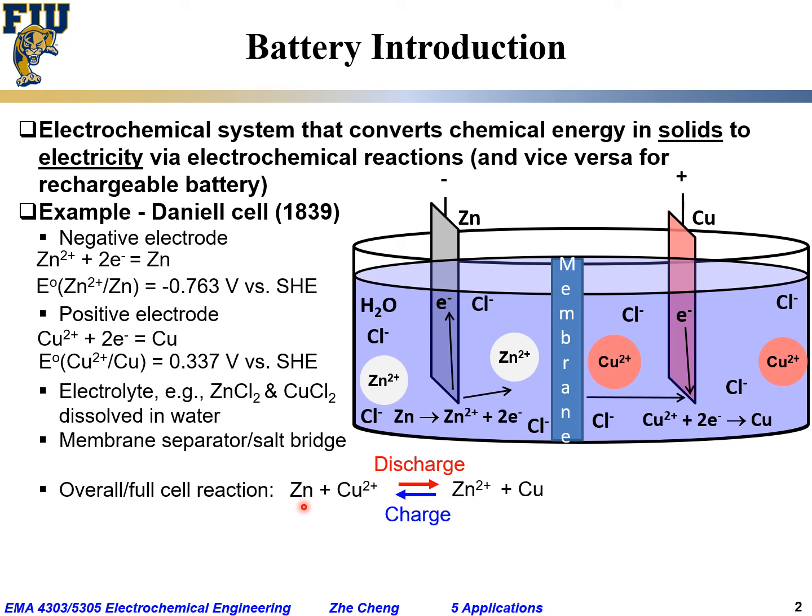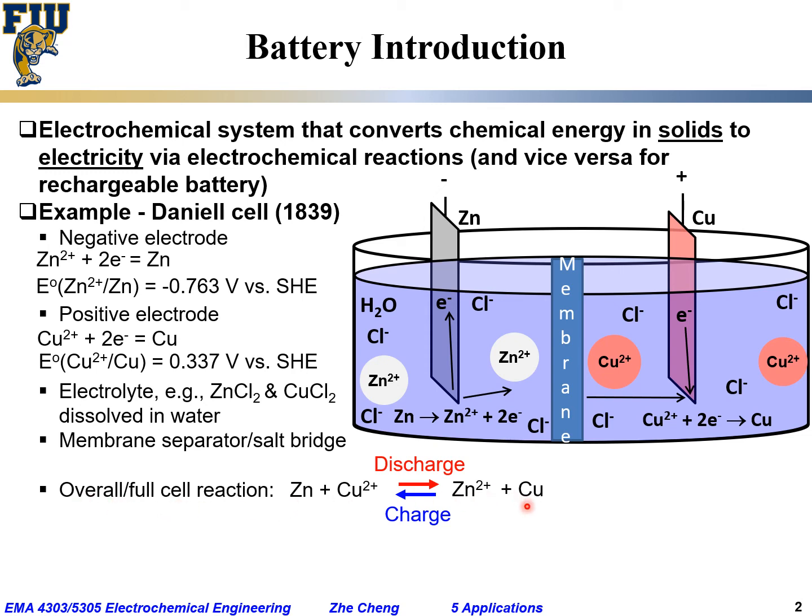As what we discussed before, zinc plus copper ion to form zinc ion and copper, and that is what people call discharge, going from chemical energy into electrical energy. On the other hand, if you want to reverse the battery, you need to so-called charge, going from copper metal and zinc ion into zinc metal and copper ion. You are spending electrical energy to store it in chemical energy. Okay, so that's the so-called overall full cell reaction.